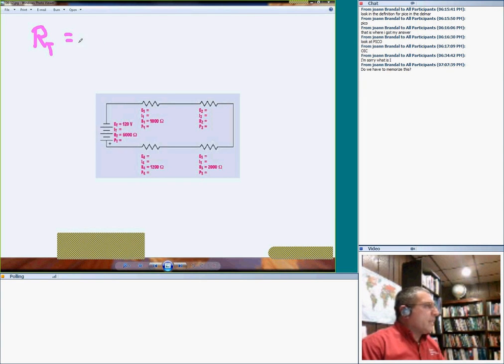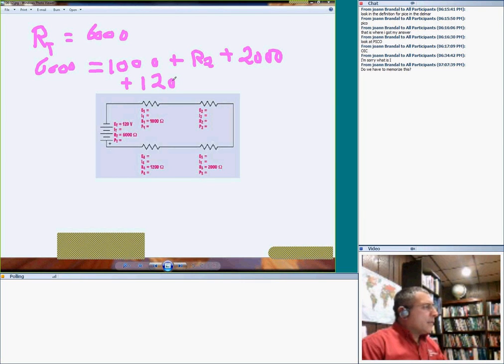equals, in this case, 6,000, and I know that the 6,000 equals 1,000, I don't know R2, so I'm going to just make it R2, plus 2,000, plus 1,200.